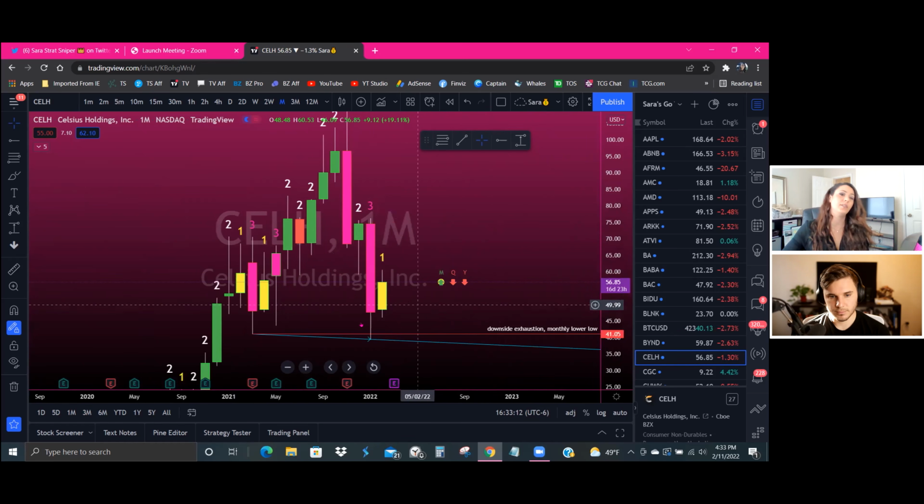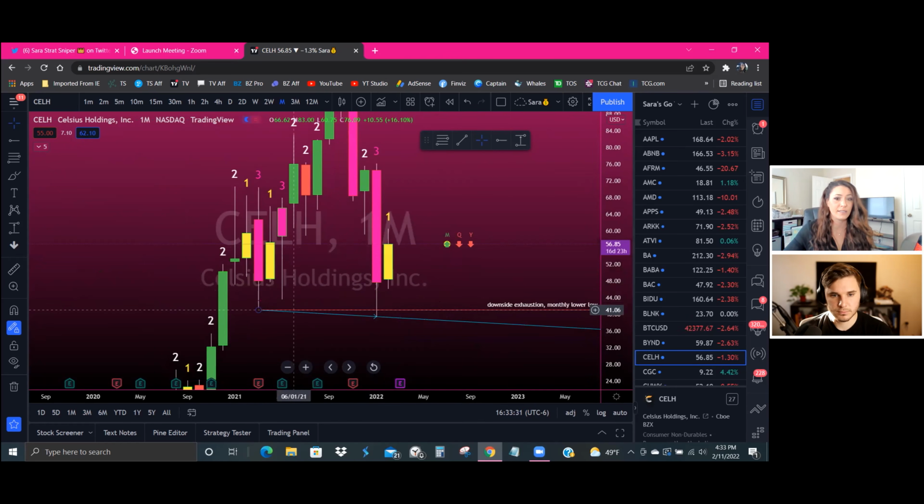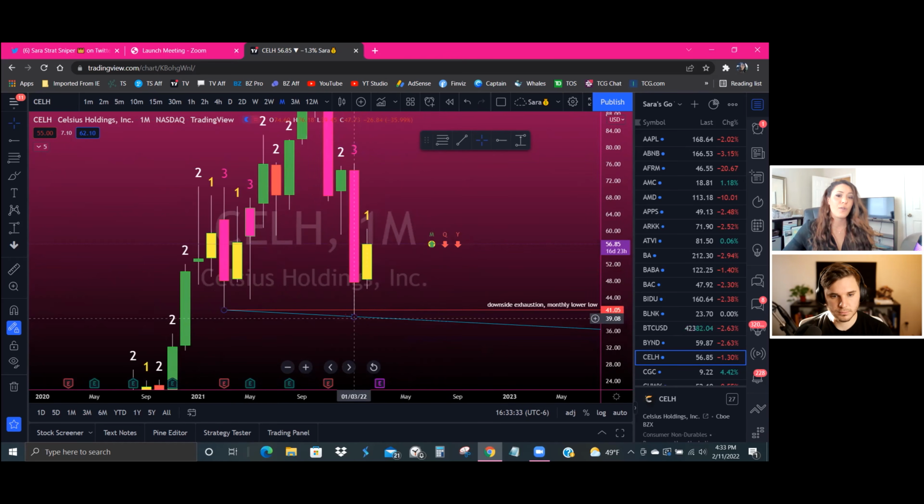Because again, back to the bottom fishing thing, you don't want to bottom fish because most of the time that low is going to be taken out. So it's safer to say that support is a range, but we like to say it's diagonal. It's not horizontal, it's diagonal. So this is the monthly candle of Celsius.